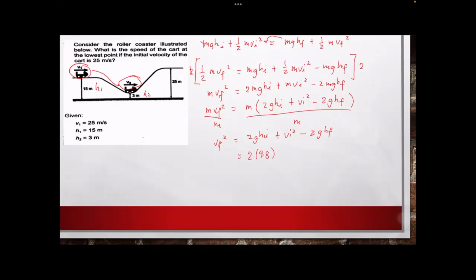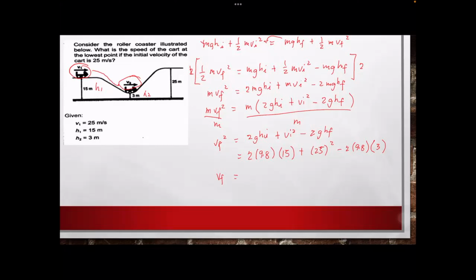Yung height 1 natin, yung initial height is 15, plus initial velocity, which is 25 squared, minus 2 times 9.8 times yung height 2 natin is 3 or yung hf natin. So, vf, again, yung answer kailangan nyo siyang i-square root. So, 2 times 9.8 times 15 plus 25 squared minus 2 times 9.8 times 3.